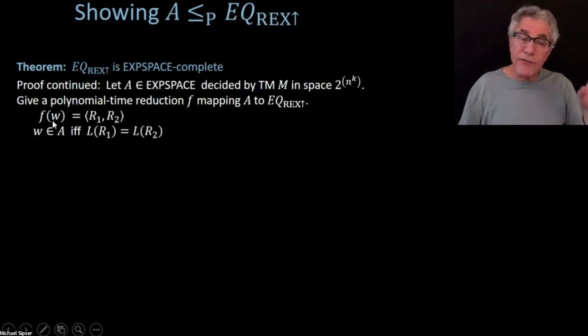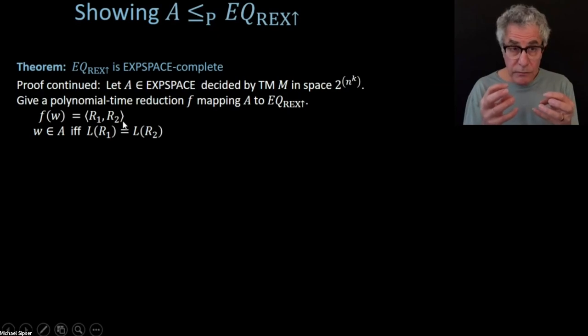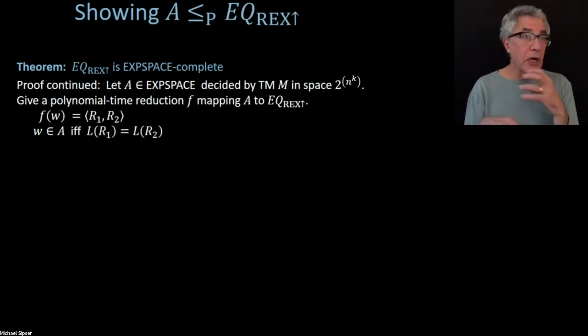So that means we're going to have to take an input, which may or may not be in A, and produce 2 regular expressions with exponentiation, which are going to be equivalent when W is in A, or when M accepts W.